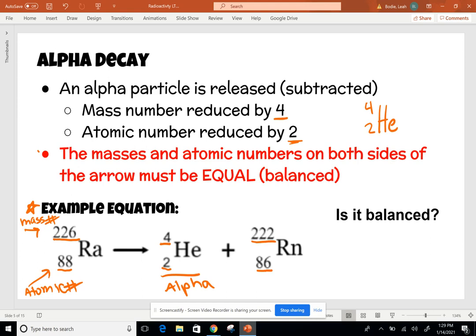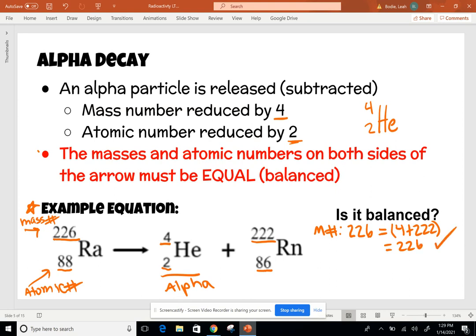And so like I said, it's important to make sure that it is all balanced at the end, right? So let's start with our mass number here. So I started with, on the left side of our equation, a mass number of 226. So let's see if that equals what's on the right side here. So we're going to add our 4 with our 222, and that equals 226.